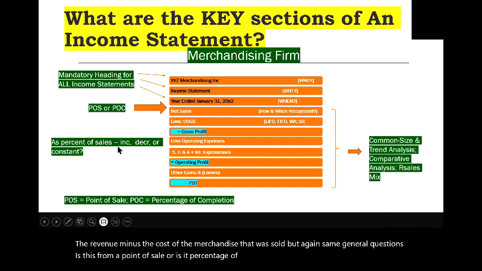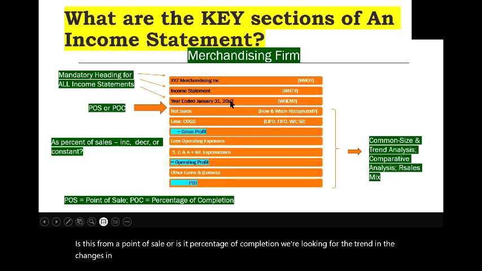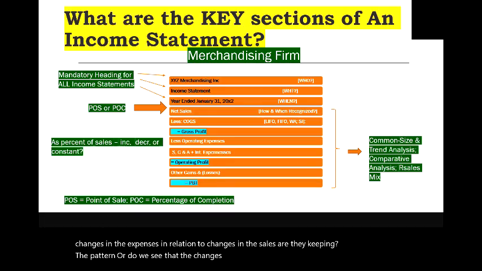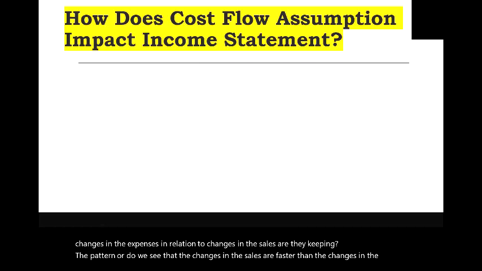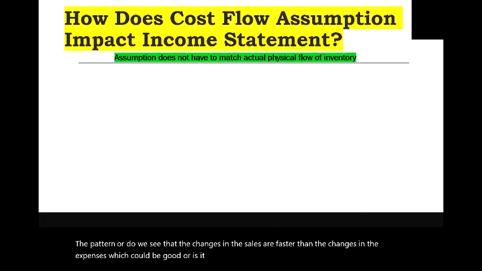We're looking for the trend in the changes in the expenses in relation to changes in the sales. Are they keeping the pattern, or do we see that the changes in the sales are faster than the changes in the expenses, which could be good, or is it the other way around?